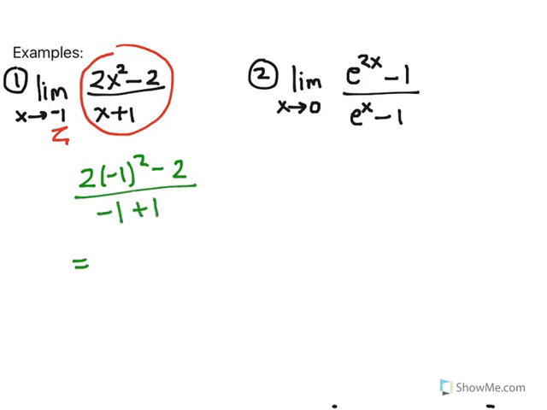Negative 1 squared is 1, so you have 2 times 1 is 2, 2 minus 2 is 0, and negative 1 plus 1 is 0. So you get the indeterminate form 0 over 0, so you can use L'Hopital's rule for the first example.